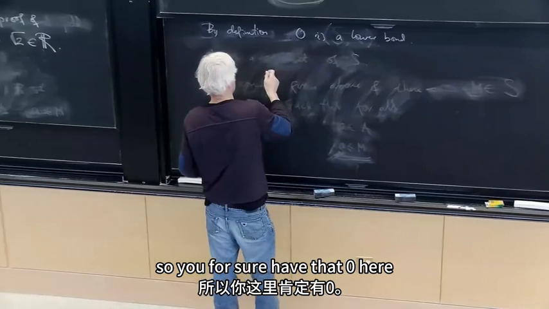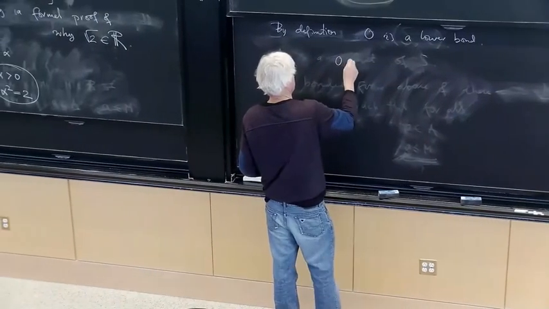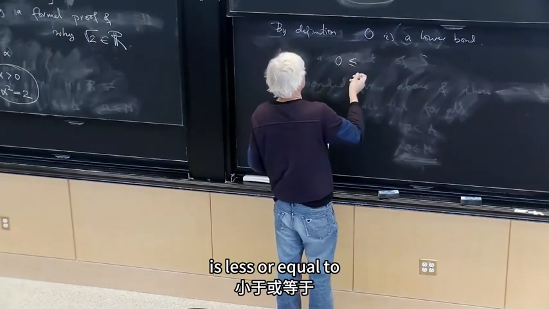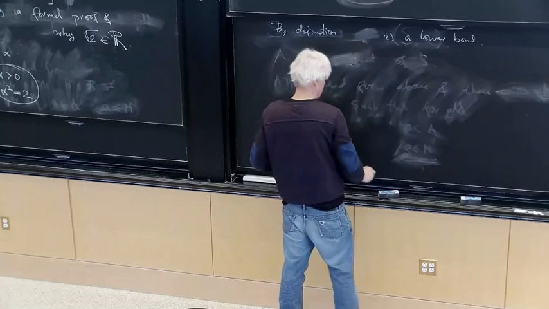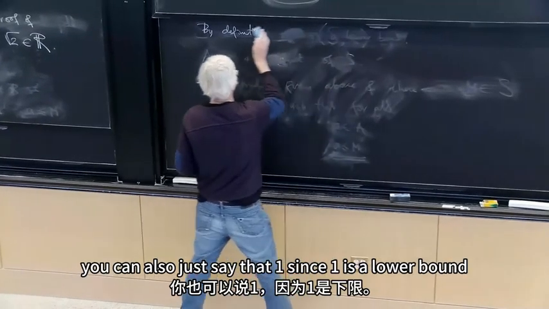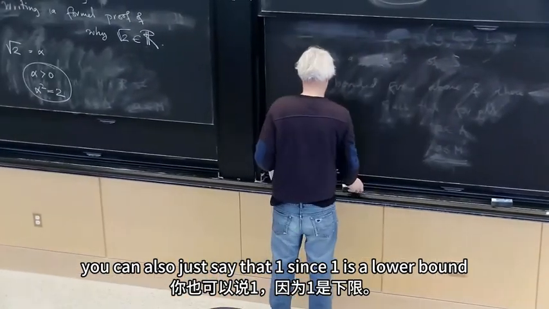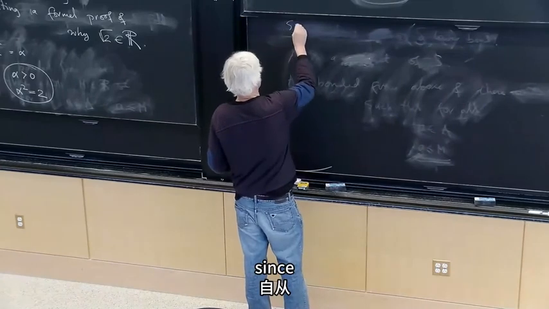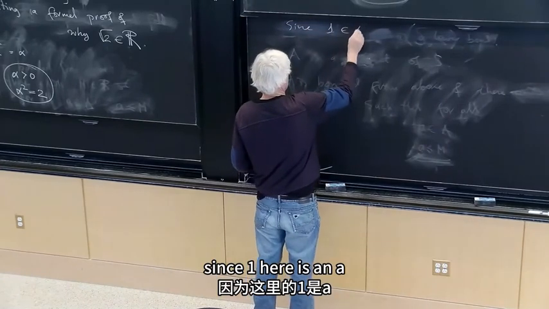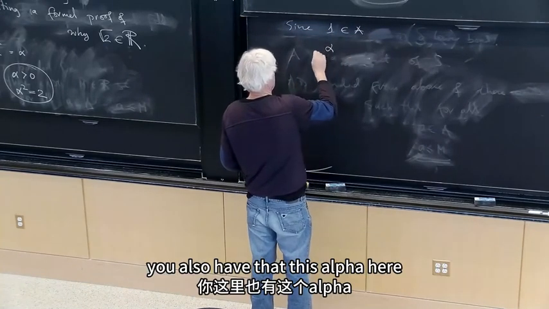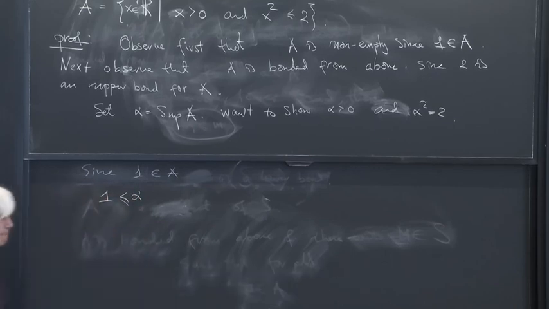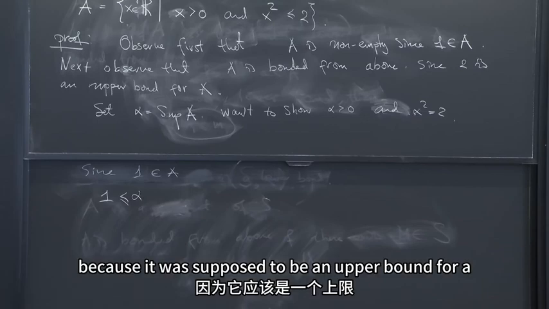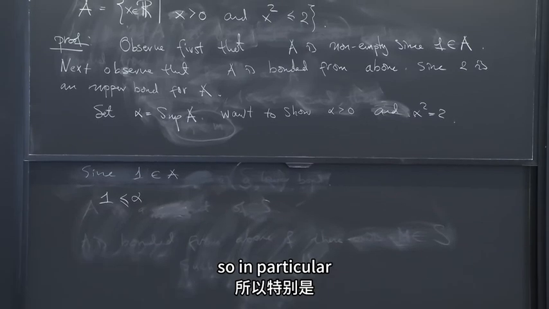So you for sure have that 0 here is less or equal to, well, actually, even 1 is a lower bound. So you can also just say that since 1 here is in A, you also have that this alpha here must be bigger or equal to 1. Right? Because it was supposed to be an upper bound for A.